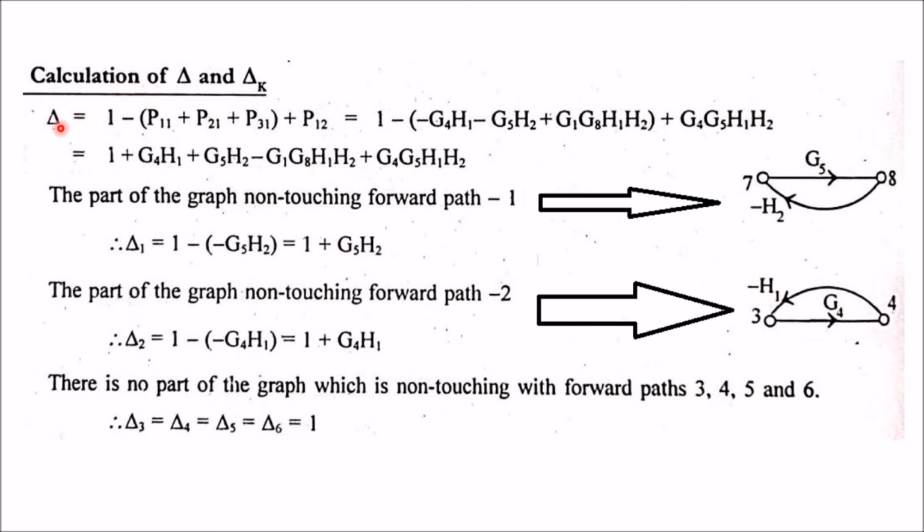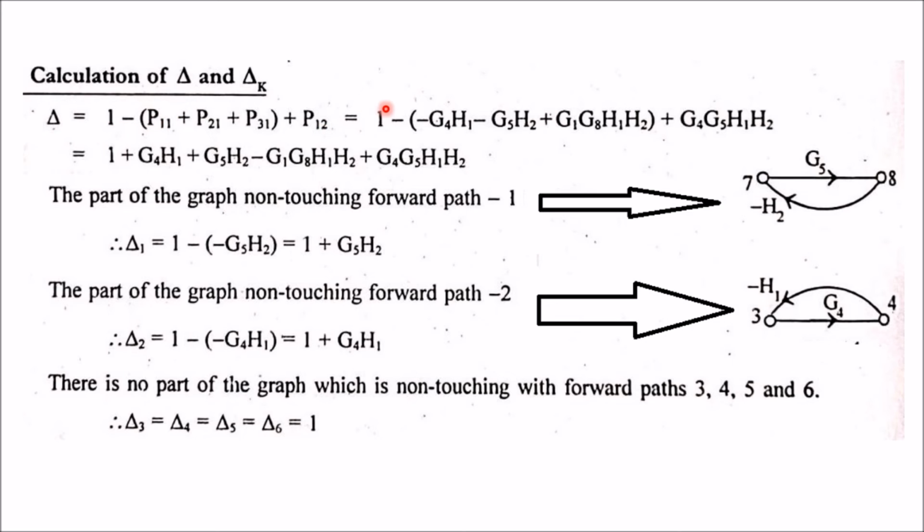How to calculate del? Del is equal to 1 minus the sum of the gain products of all individual loops, plus the sum of the gain products of all 2 non-touching loops, minus the sum of the gain products of all 3 non-touching loops, and this minus-plus actually repeats one by one.